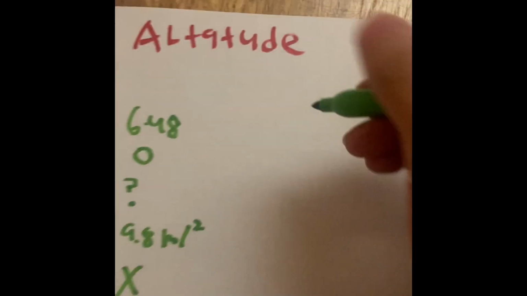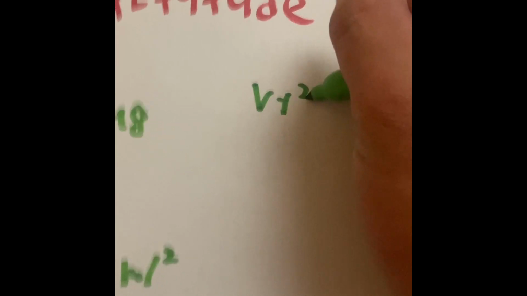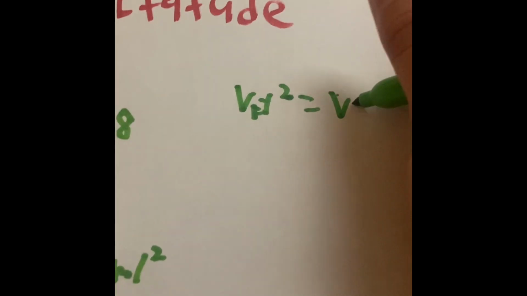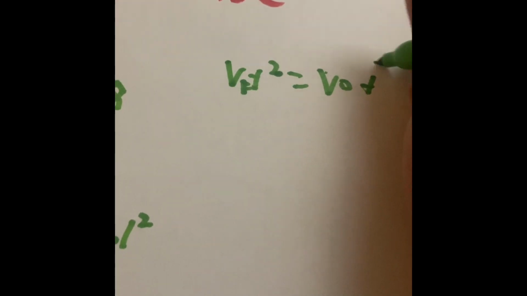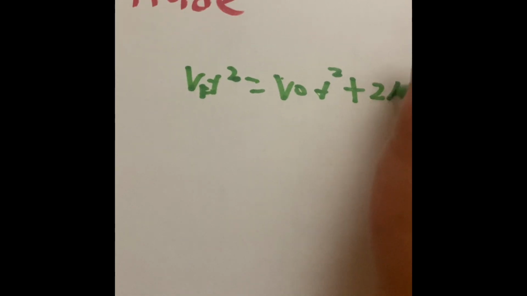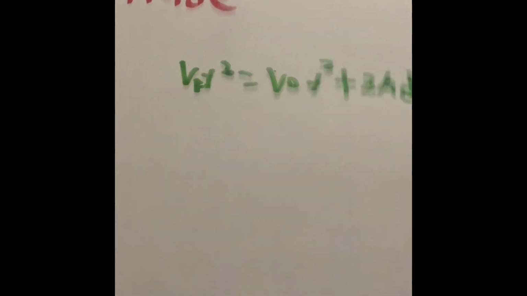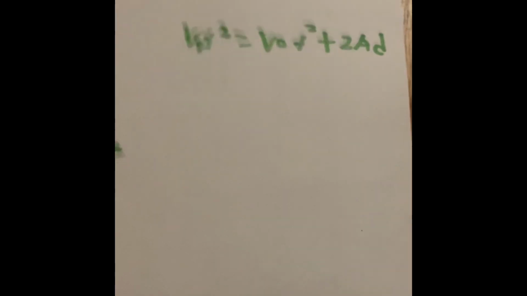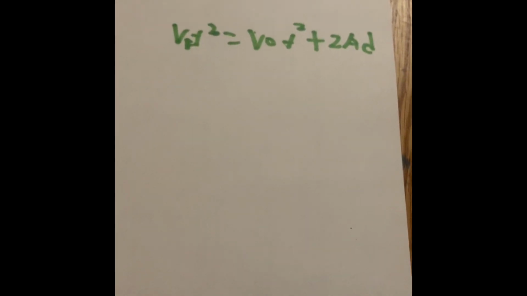So the formula for the third one is the final velocity squared for y is going to equal the initial velocity for y squared, then add 2 times a times d. So a as in acceleration and d as in the displacement.